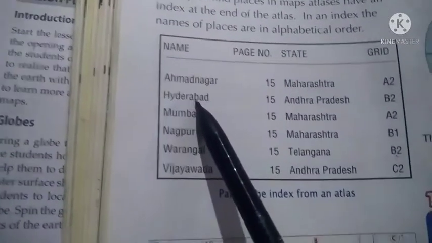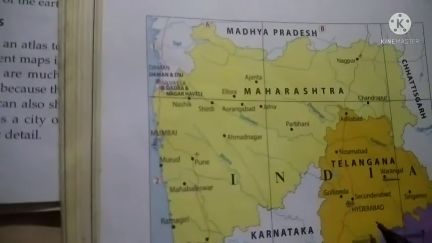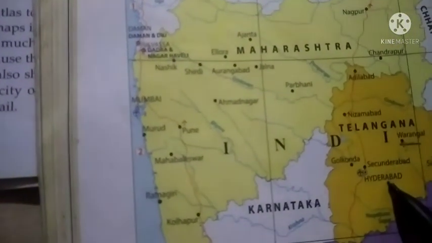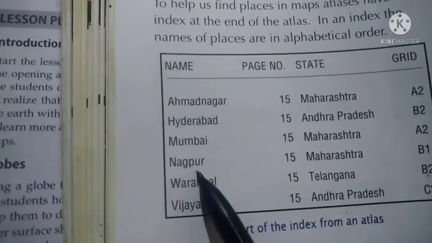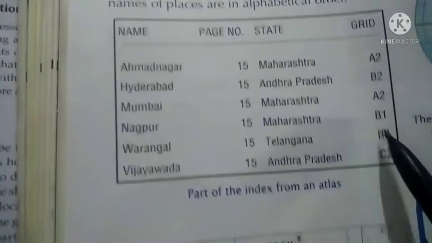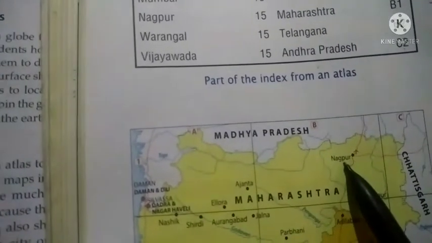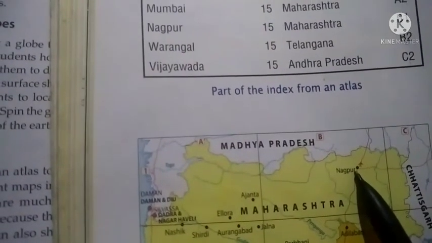Then Hyderabad, B2. Here only is Hyderabad. See here. Then Mumbai is A2. Where is Mumbai? Mumbai is here. Then Nagpur, B1. See here Nagpur. Very easy now.